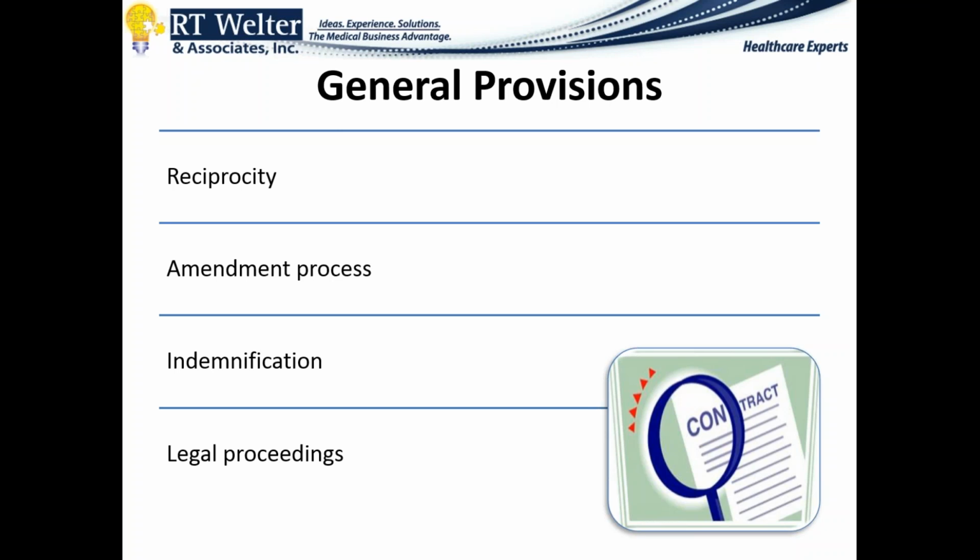There's also an amendment process so that you're not stuck in a contract, and you want to really make sure that you're paying attention to the details of the entire contract, because payers are notorious for sending things that may or may not make sense, and it's your job and responsibility to really look at every single line item of that contract to make sure that you agree with it. Indemnification, as well as legal proceedings, in case there were any kind of arbitration or need for legal.